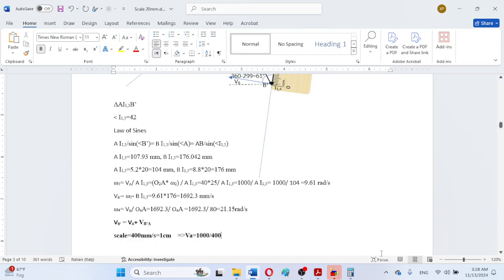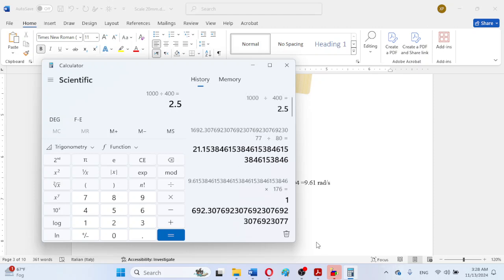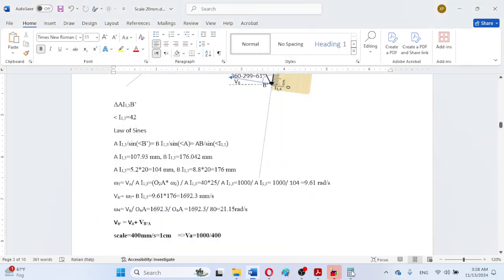So this will be equal to 1000 divided by 400, which will be equal to 2.5, so that means it is equal to 2.5 centimeter.